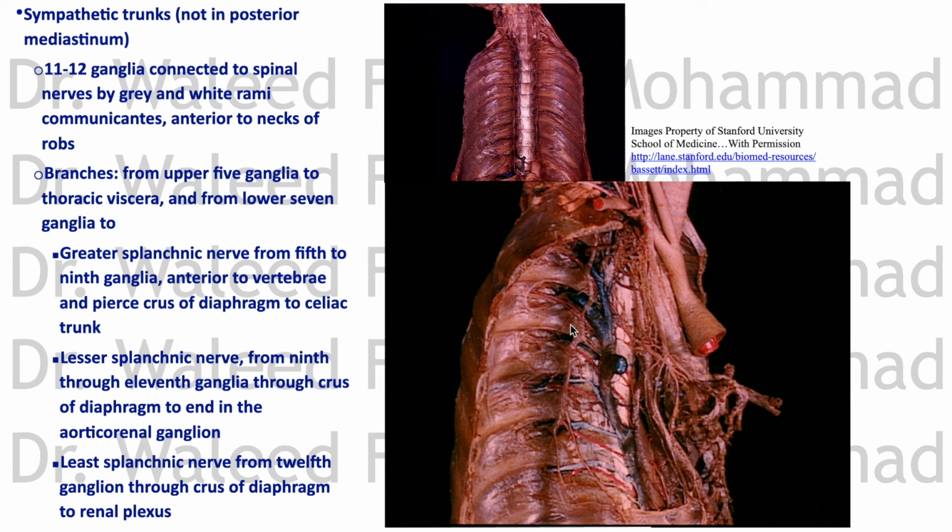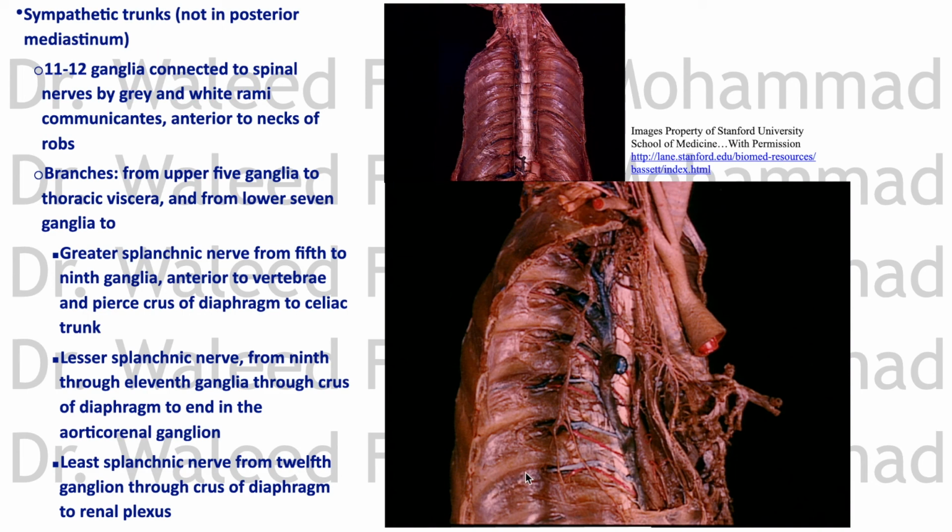So the difference with the thoracic spinal nerves is that they have two connections with the sympathetic chain: the white ramus communicans and the gray ramus communicans, other than the ones we saw in the neck, for example. All were gray rami communicantes, and we will see the same case in the lower lumbar and the sacral region of the spinal nerves.